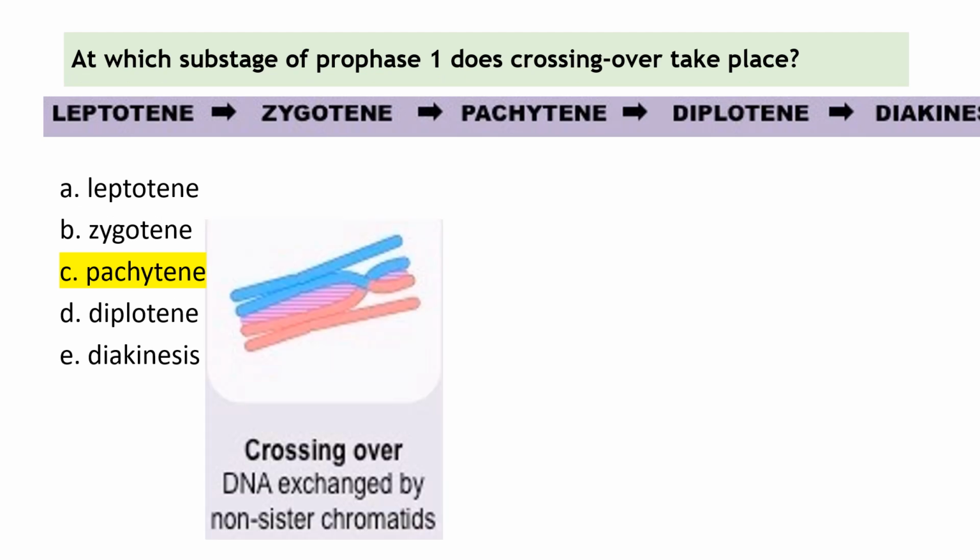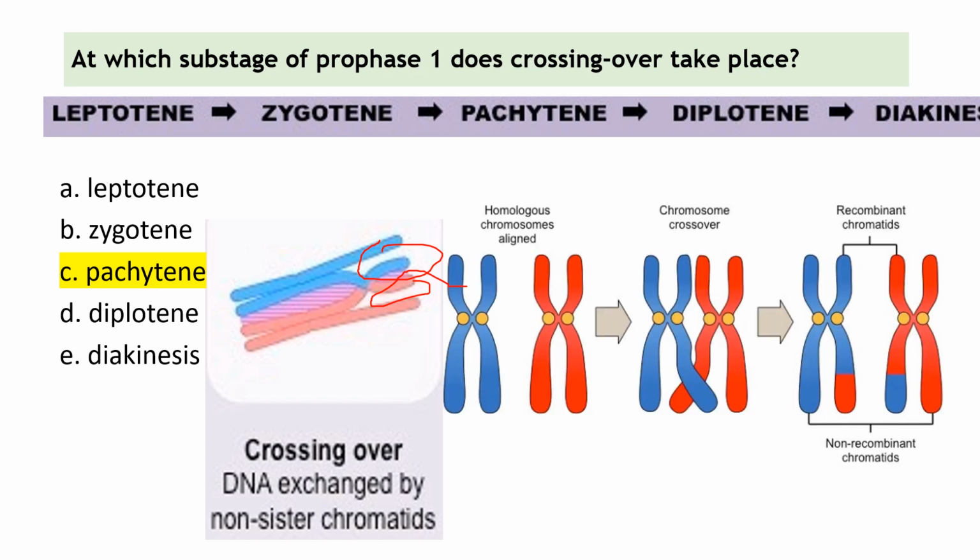That is when the crossover, the DNA exchange by the non-sister chromatids, happens, and you can see it here. So here all the things are exchanging. You go from the synapses into the crossover, and then you form the recombination.